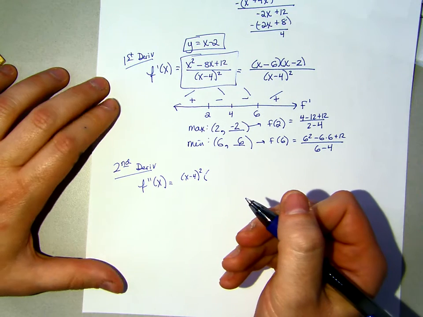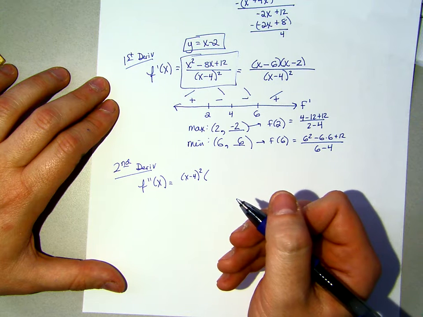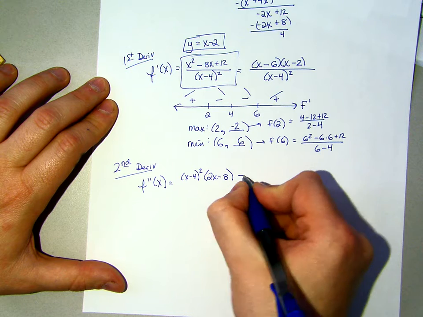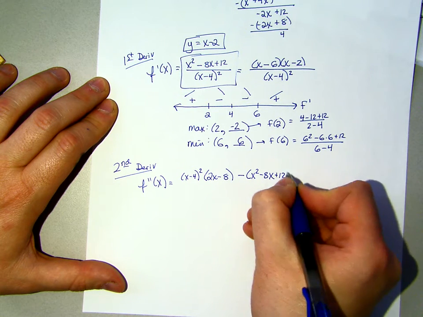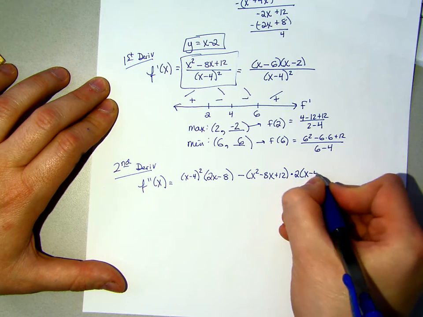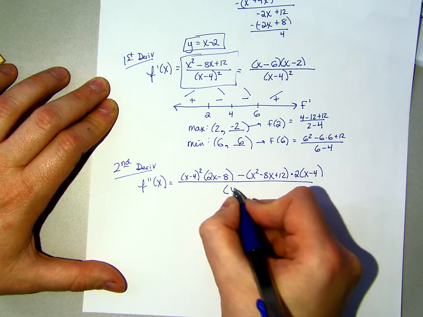What's d high? 2x minus 8. Minus high, x squared minus 8x plus 12. What's d low? Draw the line. Square below.